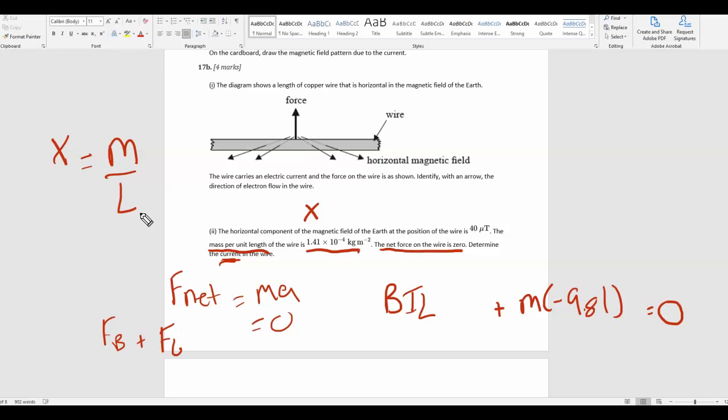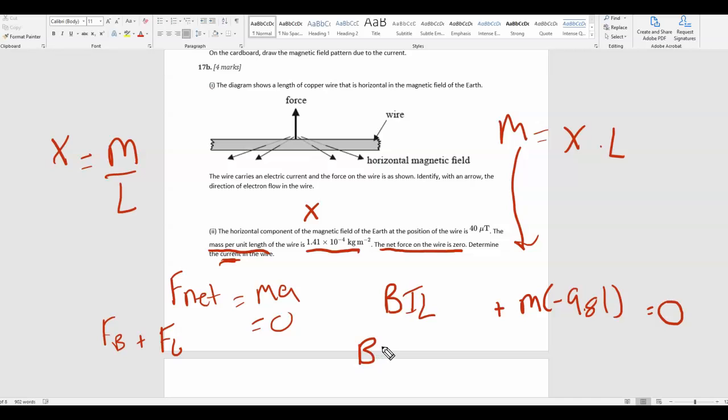Like normal density is mass over volume. Mass per unit length is like mass over length. In other words, the mass of this wire, by definition, would be X times L. Now the reason that helps me is because I don't know the mass. I do know X. I don't know L, but watch what happens if I make this substitution into this equation.